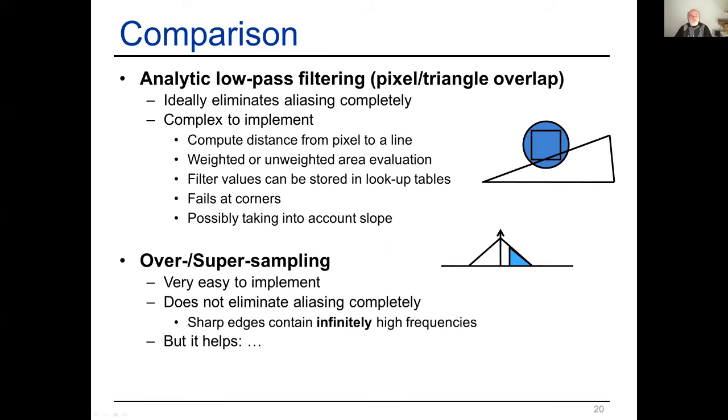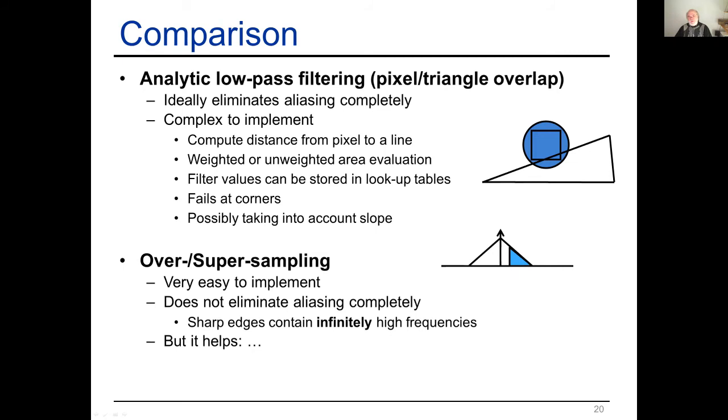Often, because quadratic is not so nice and symmetric, for each pixel you take a circular filter over that pixel, and now you can, in theory, analytically compute for each of the edges of a triangle the overlap of this edge with this circular blob here.